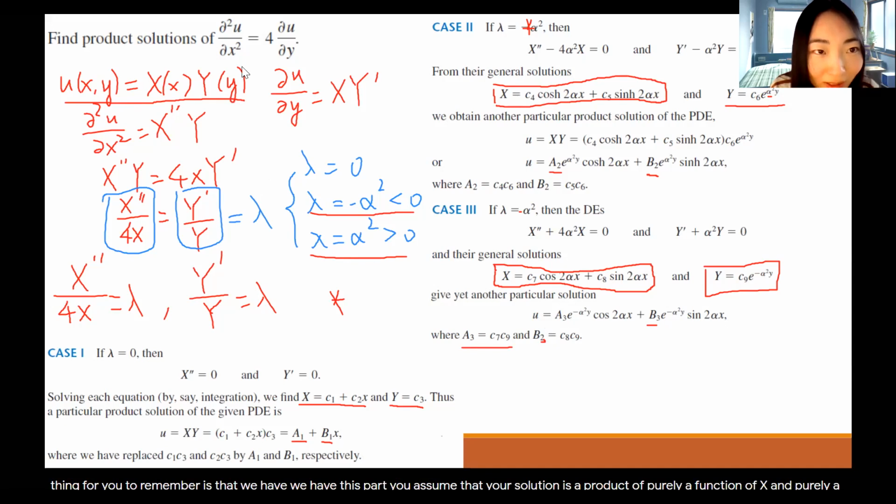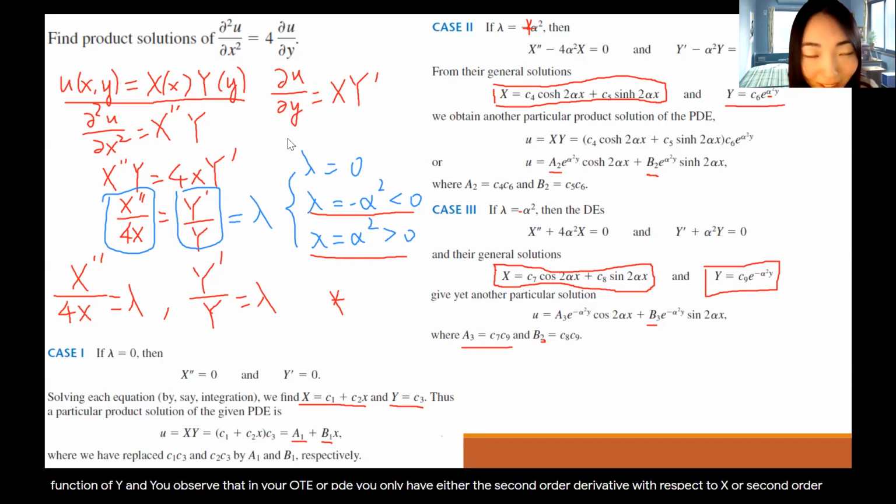And you observe that in your PDE, you only have either the second order derivative with respect to x or second order derivative with respect to y, or the linear terms, not the mixed terms, meaning partial squared u over partial x partial y. Once you have these, you just say that it's not possible to separate the variables. Therefore, you can't solve it using the separation of variables method.